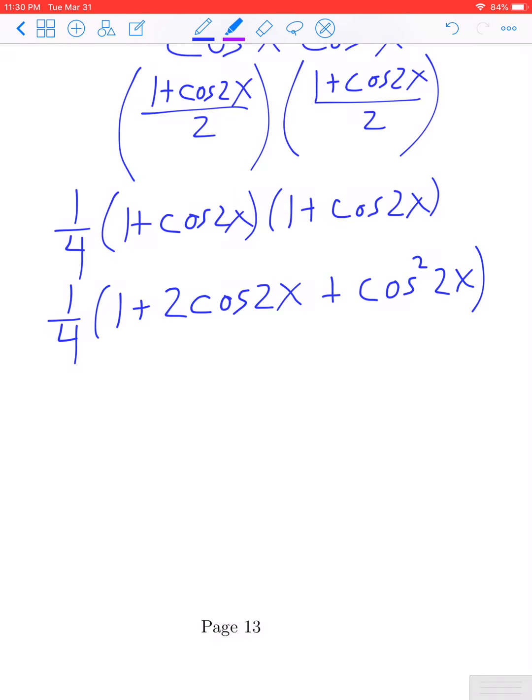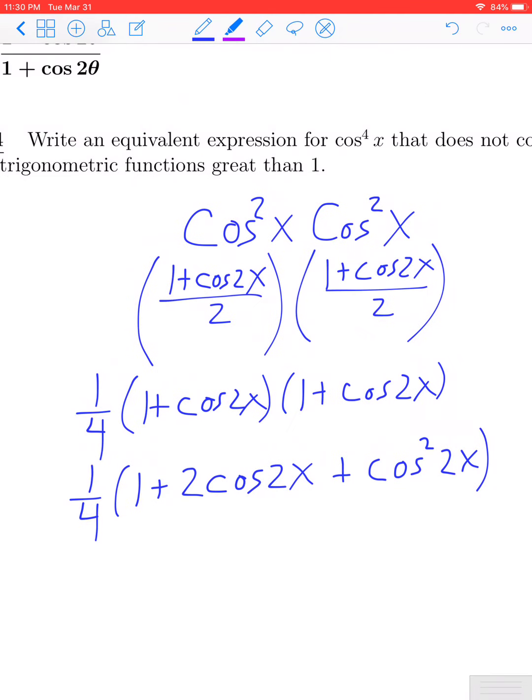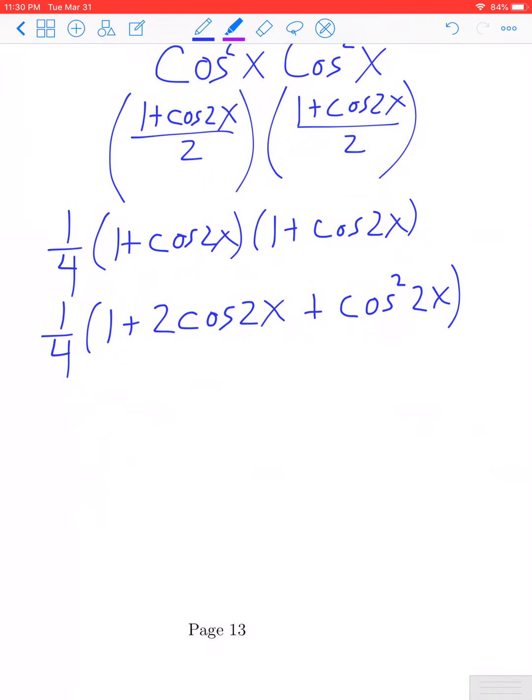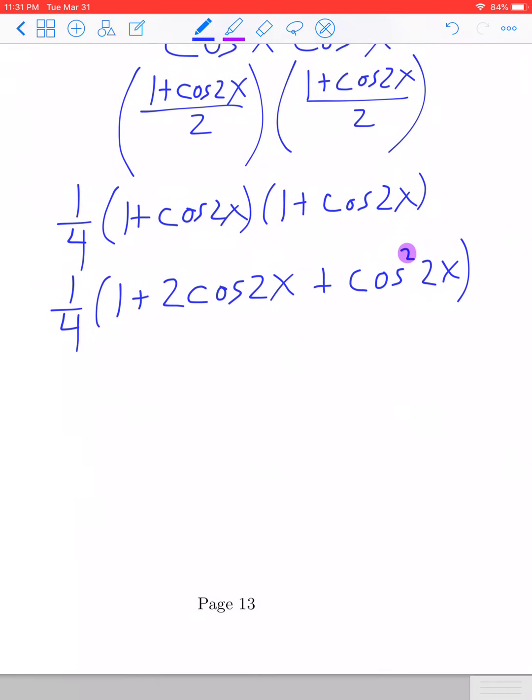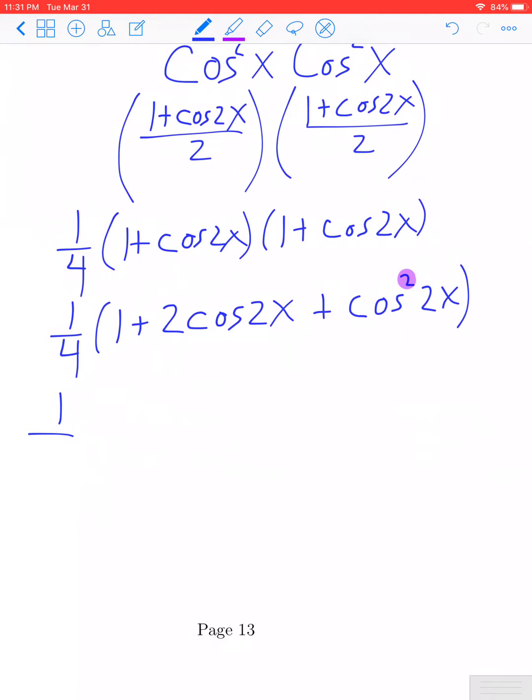The only problem is that we're supposed to write the expression using trigonometric functions with a power that's not greater than 1. And when we distributed this out, notice that we have a cosine raised to the second power. We can get rid of that by using the power reducing formula one more time. We have 1/4 times 1 plus 2 cosine of 2x plus, and now let's pay attention to the form.